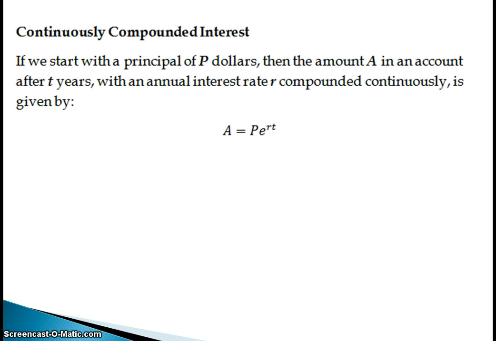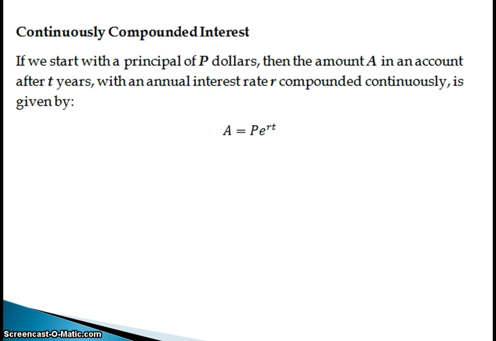Now there is a different kind of compounded interest, and that's continuously compounded interest. If I were investing, this would be the situation I would want every time. Now in this case, A is how much we end up with after t years, and t is years, of course.